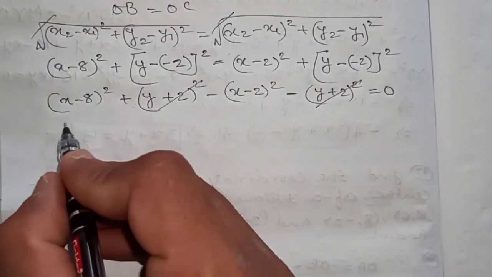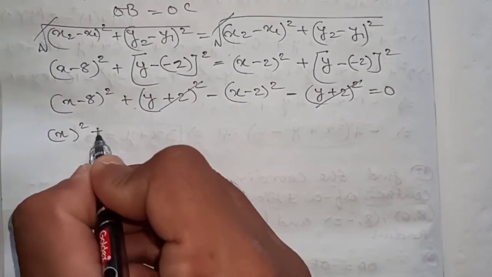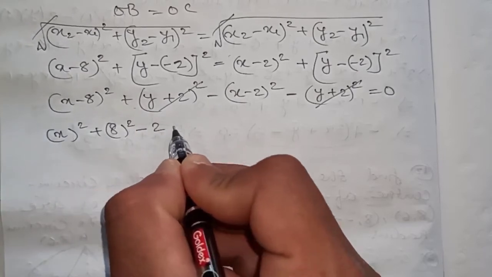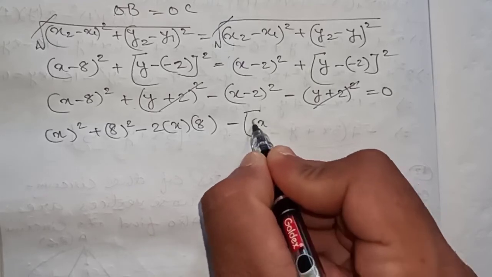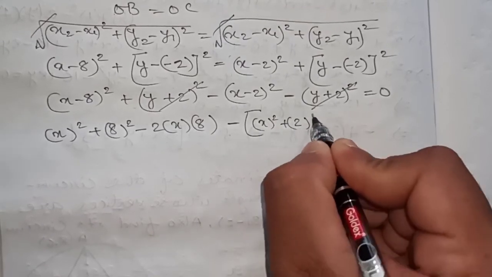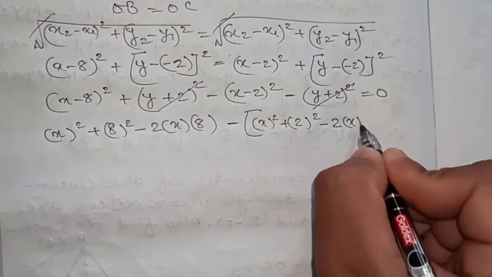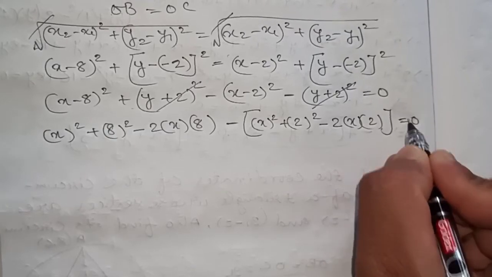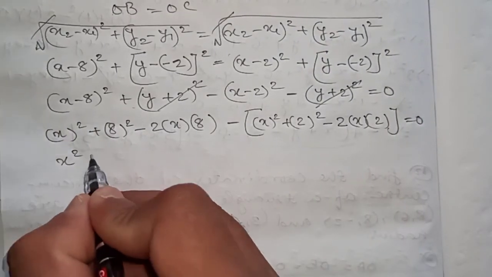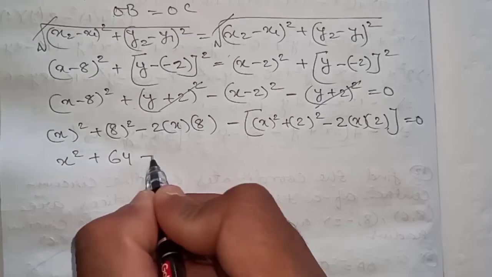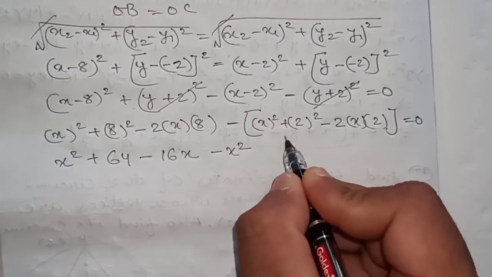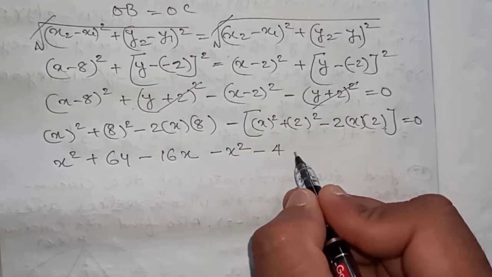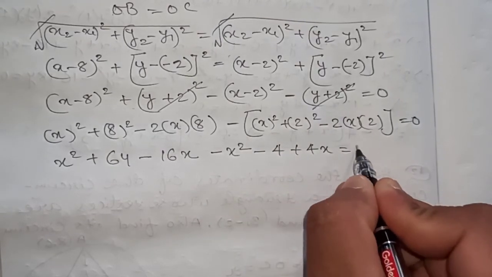Use (a minus b) whole square formula. A square plus b square minus 2ab, minus (a square plus b square plus 2ab) equals to 0. X square plus 64 minus 16x minus x square minus 4 minus minus plus 4x equals to 0.